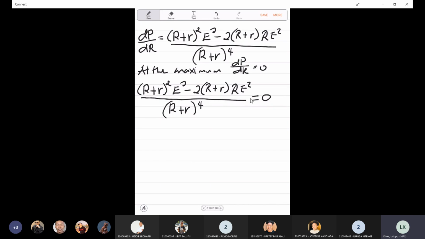So we can multiply the denominator out. So we have (capital R plus small r) squared E squared minus 2 (R plus small r) R E squared is equal to 0. And then we can divide by big R plus small r on both sides.